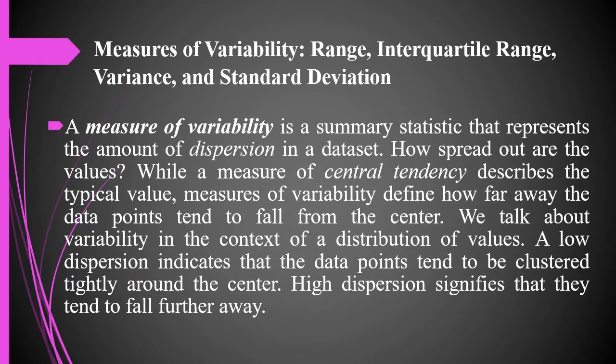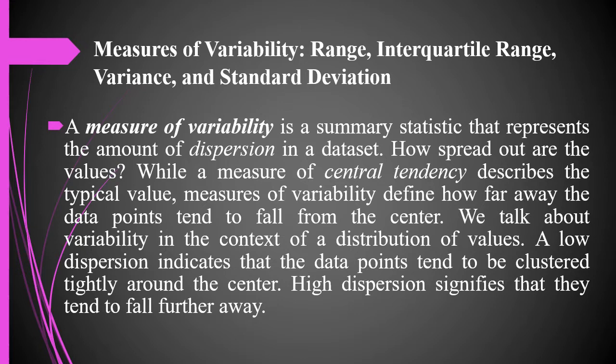Measure of variability: range, interquartile range, variance, and standard deviation. A measure of variability is a summary statistic that represents the amount of dispersion in a data set. How spread out are the data values? While a measure of central tendency describes the typical value, a measure of variability defines how far away the data points tend to fall from the center.